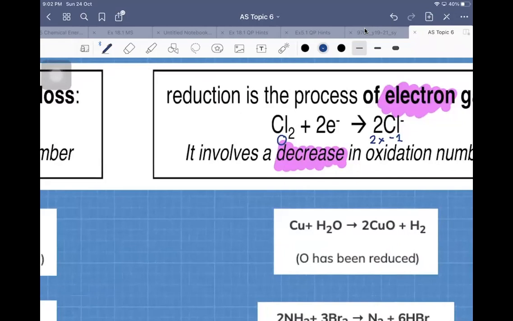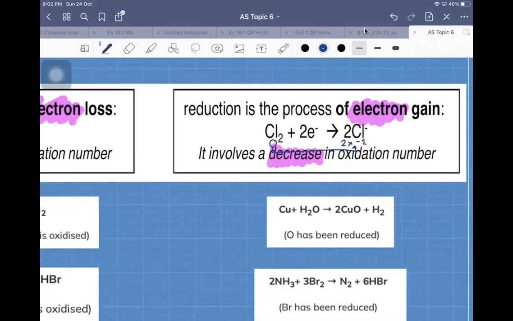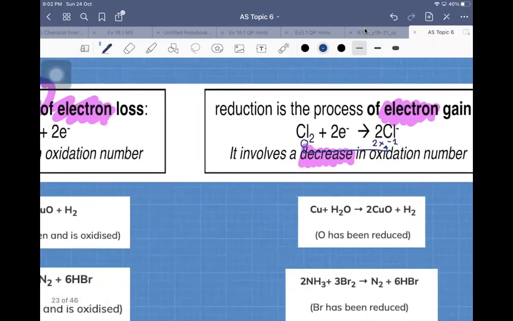But the change in oxidation, I can either look at it as from 0 to -1 per chlorine atom or per ion, or from 0 to -2 for 2 chlorine atoms. It doesn't matter because it is still a decrease. Whether you count it for 1 chlorine atom or 2 chlorine atoms, the number will still decrease. It goes from 0 to a negative number. So that's how you know it's reduction.